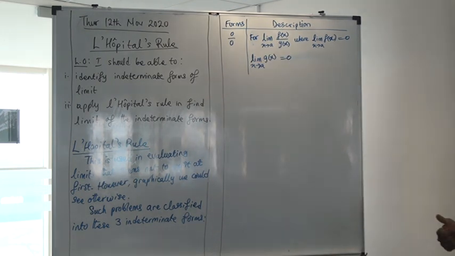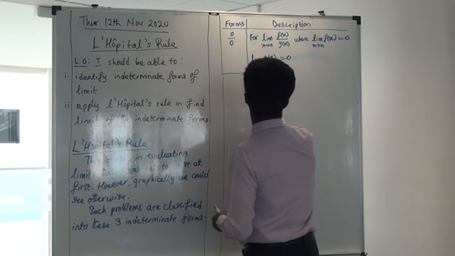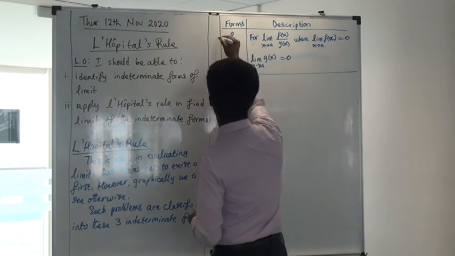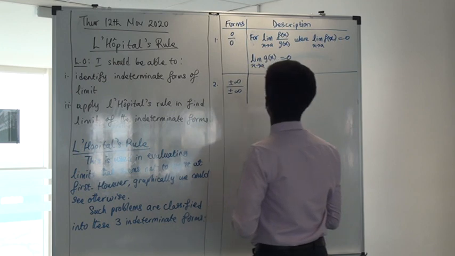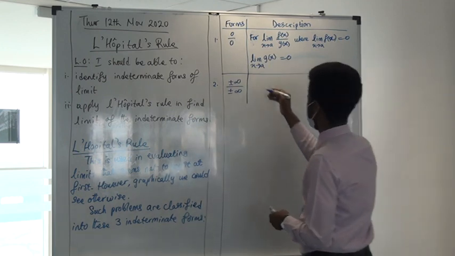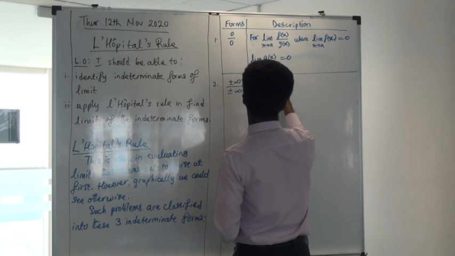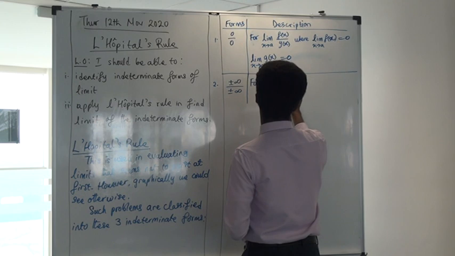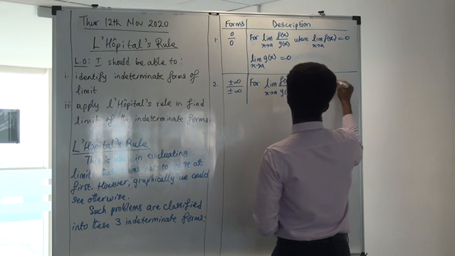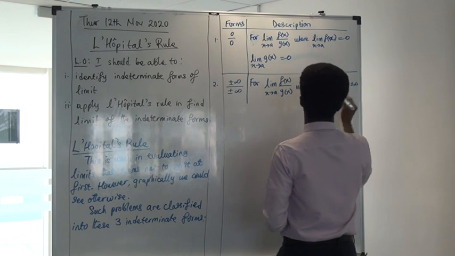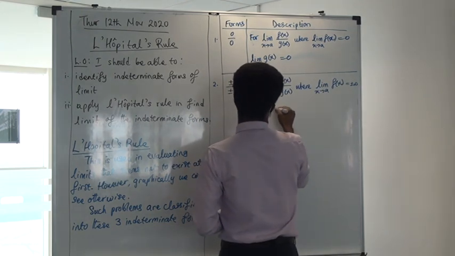Okay, that's one form. This is for limits where individual limits give that.